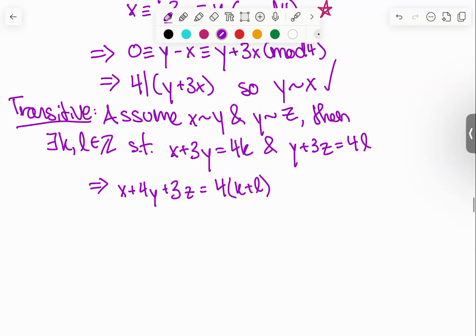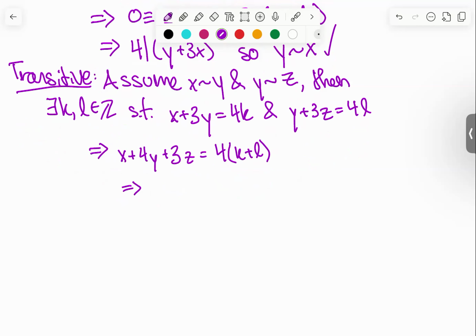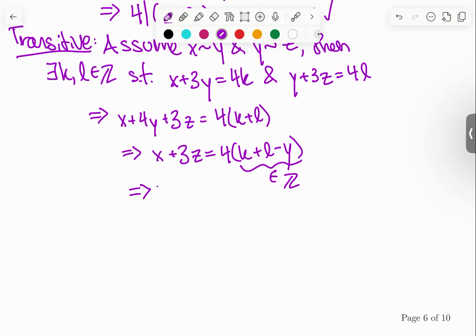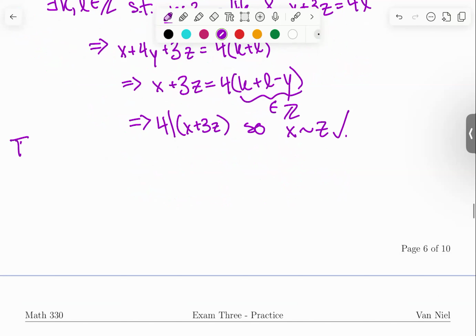I minus the 4y onto the other side and I get x plus 3z equals 4 times k plus l minus y. But this whole thing is adding and subtracting integers, so it is an integer itself. Therefore, 4 divides x plus 3z by definition of division. So x twiddles z, so we're transitive. Still need to say my conclusion. Therefore, twiddle is an equivalence relation.